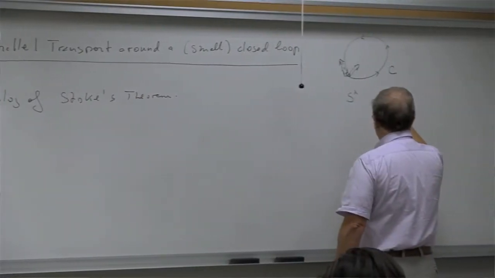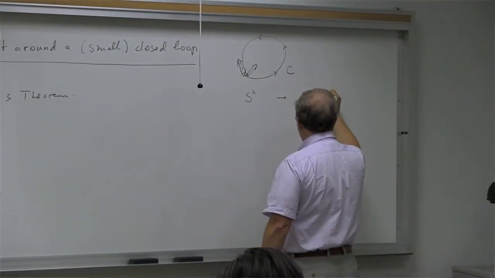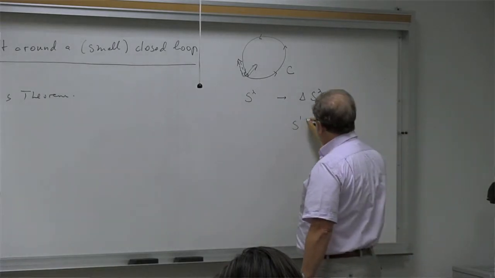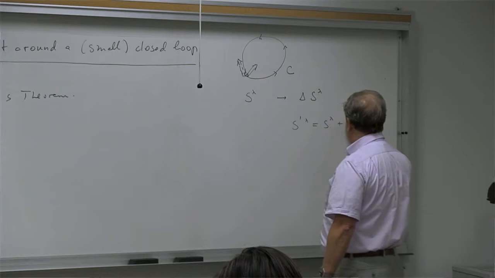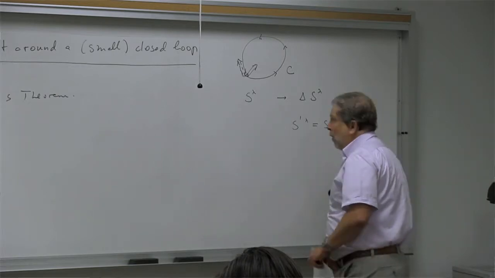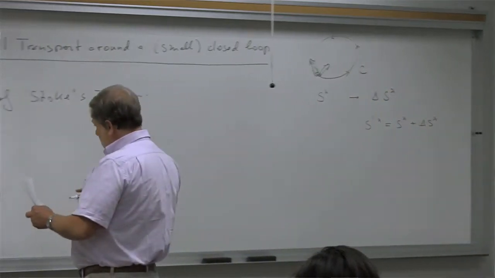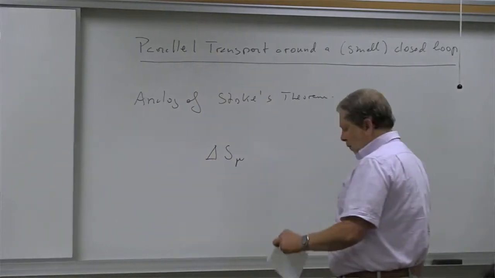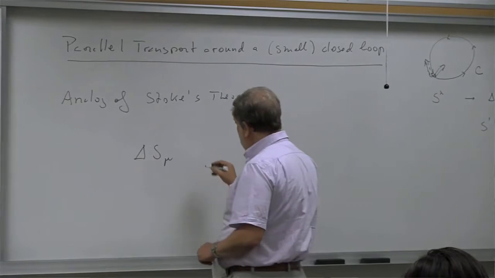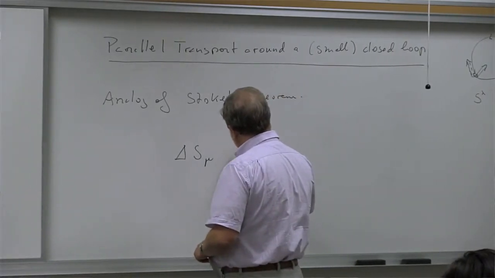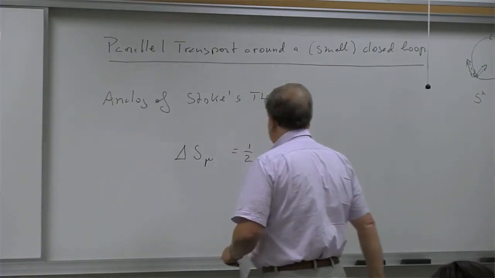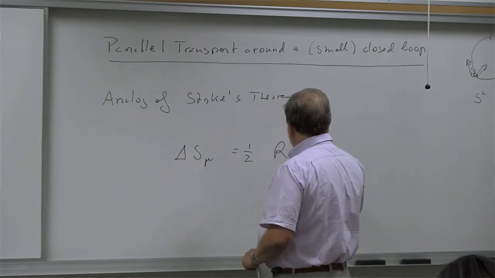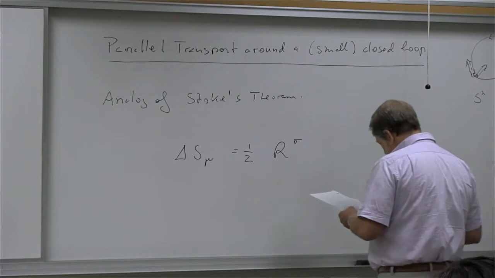Right, so this vector is going to be changed by some amount, which is delta S lambda, right? So that S prime lambda is equal to S lambda plus delta S lambda, right? So this delta S mu is equal to 1/2 times the Riemann tensor R sigma mu nu rho.